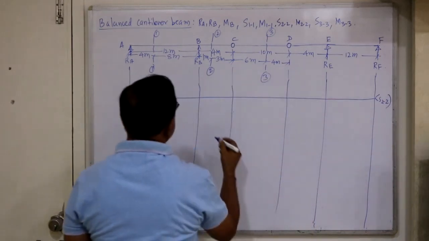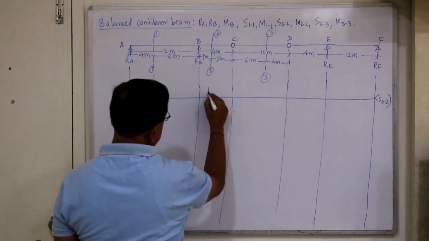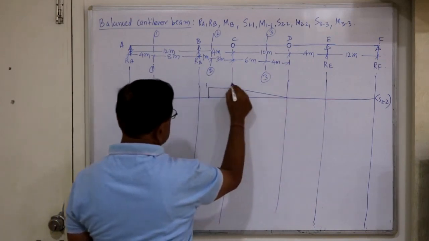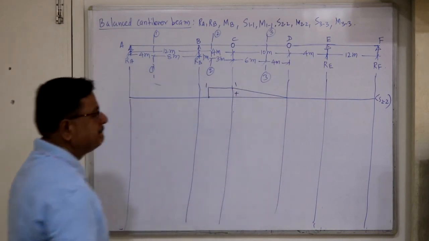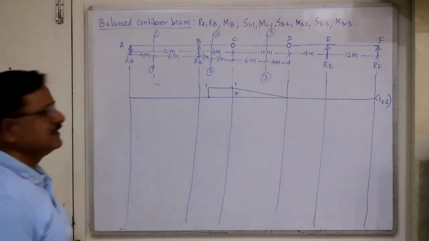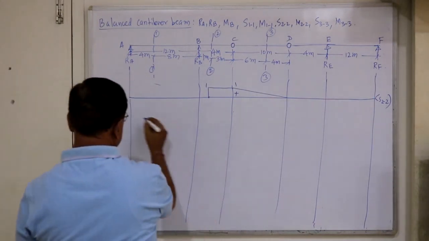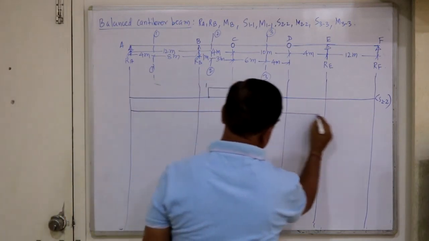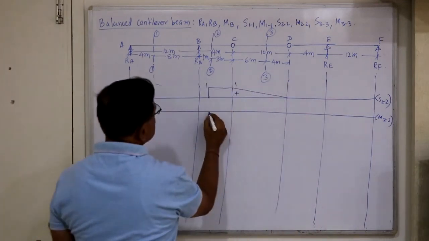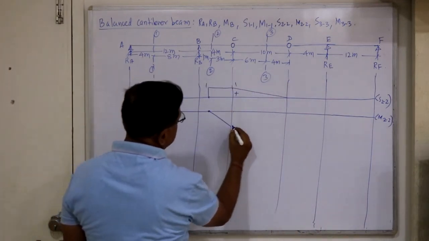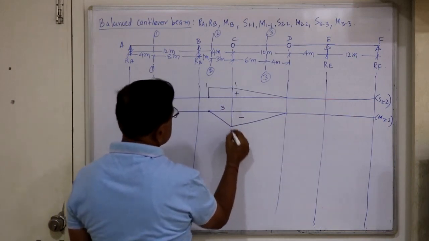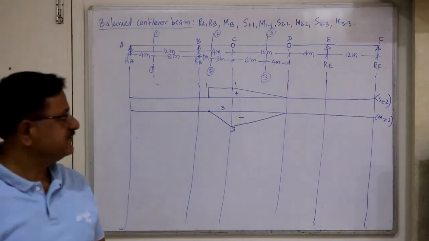Let's consider the ILD for S22, which is within the cantilever. You know this ILD. For a cantilever, this is 1, positive, and that's all. This is the ILD for S22. Now M22 next. M22 is within the cantilever again, and for cantilevers we know this ILD, base is 3, height is 3. So this is the ILD for M22.